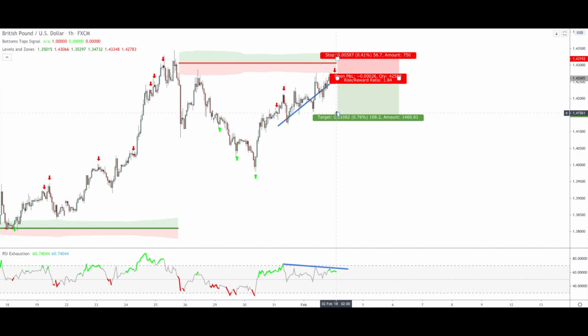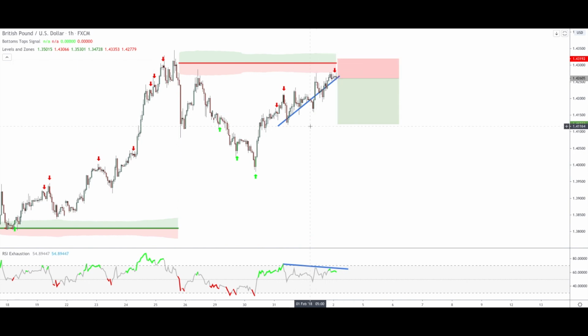Now we need to decide where to place the target. Well, if you want to be conservative, I would place the target around this level here, because as you can see, it was tested once here and somewhat here, and then here, and then here.